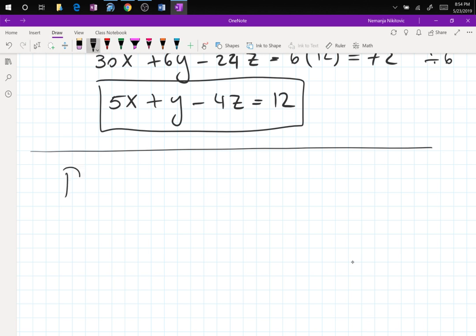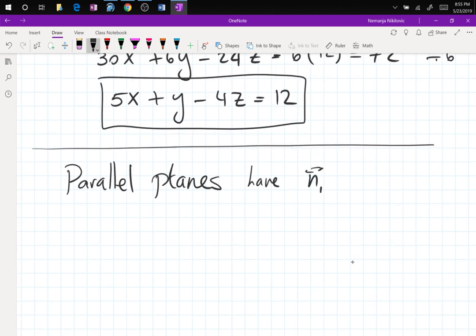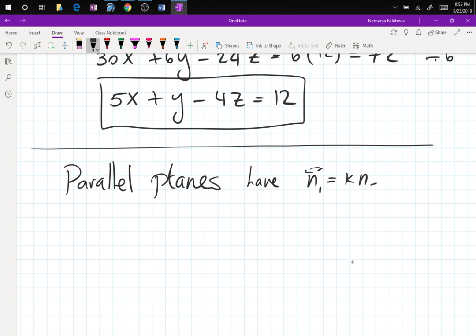So parallel planes have normal vector 1 to be a constant multiple of the normal vector 2.